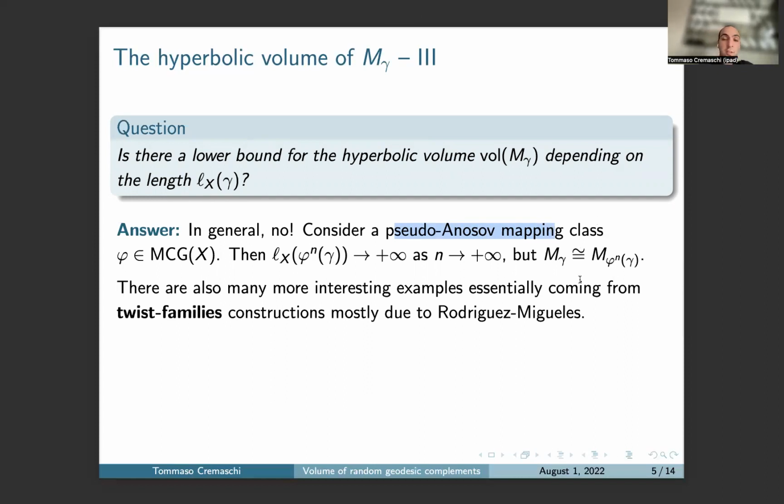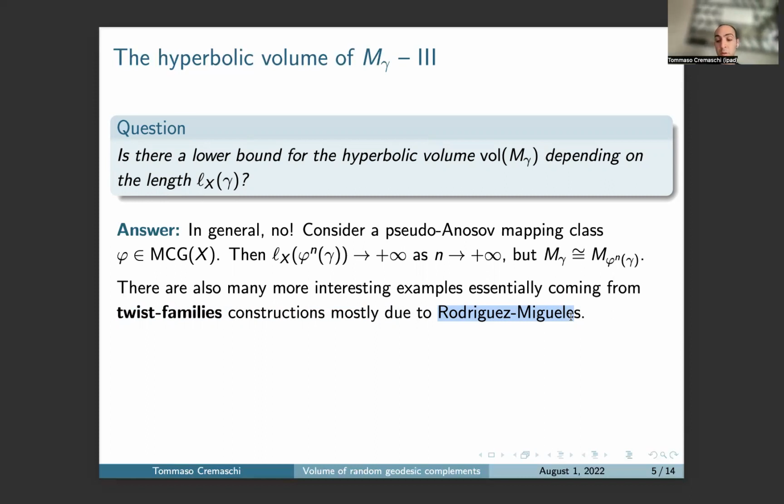But all of the manifolds that you have are in the same homeomorphism class, so their volume stays constant. However, you can make slightly more interesting examples, which we call twist families. They were originally discovered by Andras. But I don't really have time to talk about those. I'll just show them in a picture.